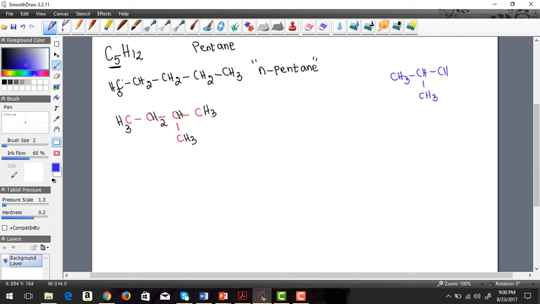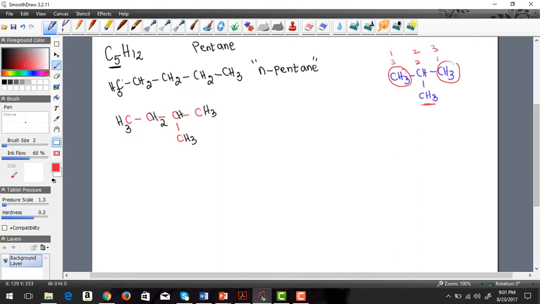If it is right in the middle and you have exactly identical groups, not only is this CH right in the middle, it's also surrounded on either side by identical groups. Then it doesn't matter where you start numbering, 1, 2, 3 or 1, 2, 3. They both have the same meaning.